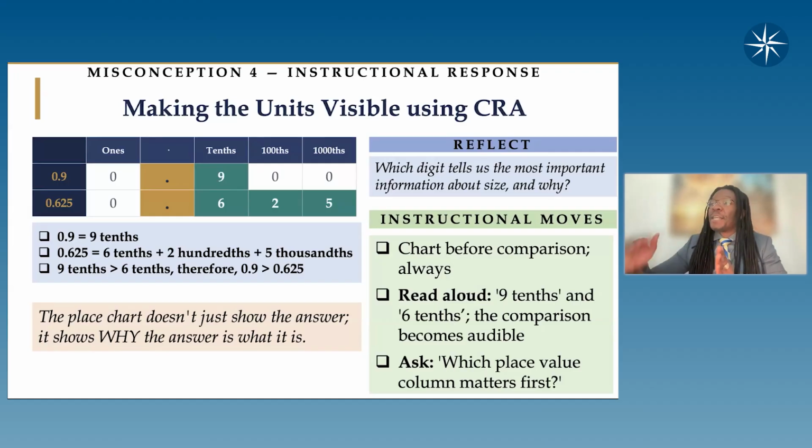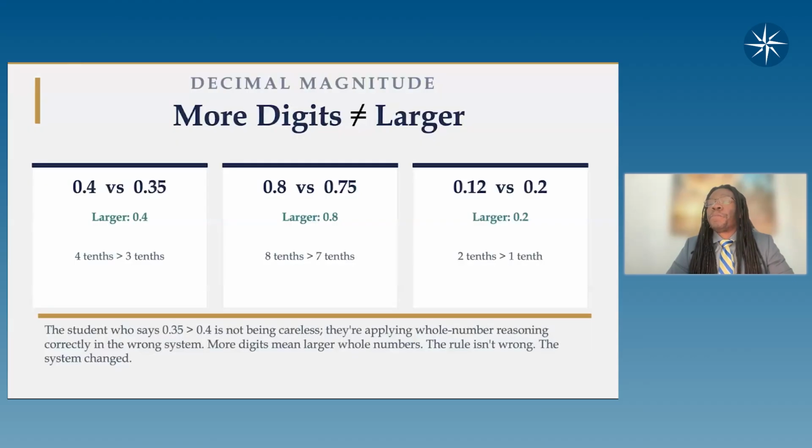And then I keep doing that and comparing those until I find a situation where one digit is larger than the other. Because you could say this could have been 9.9 and 0.925. So then they would move to the next column until they get the answer correct. Okay. So more digits doesn't equal larger.